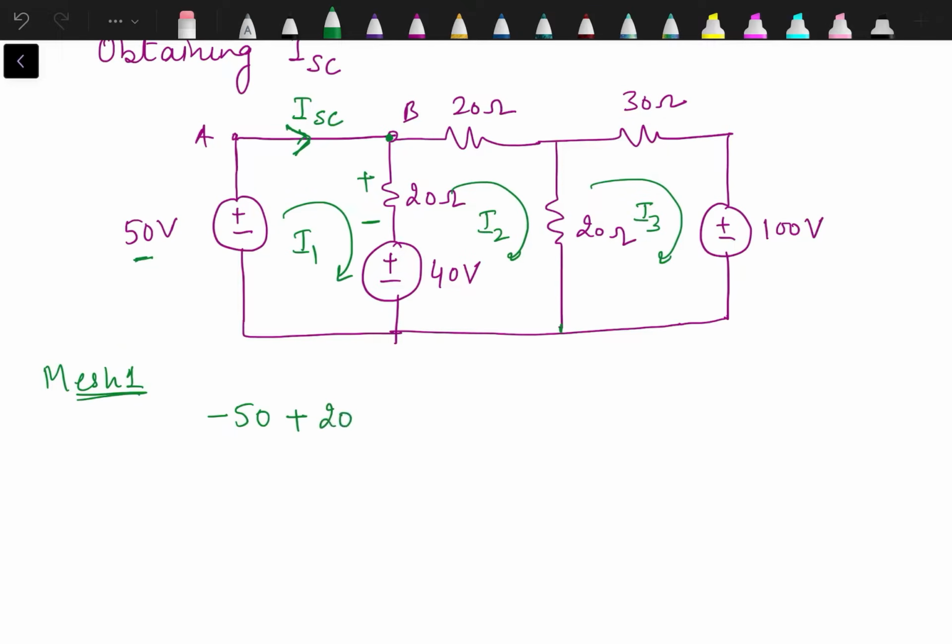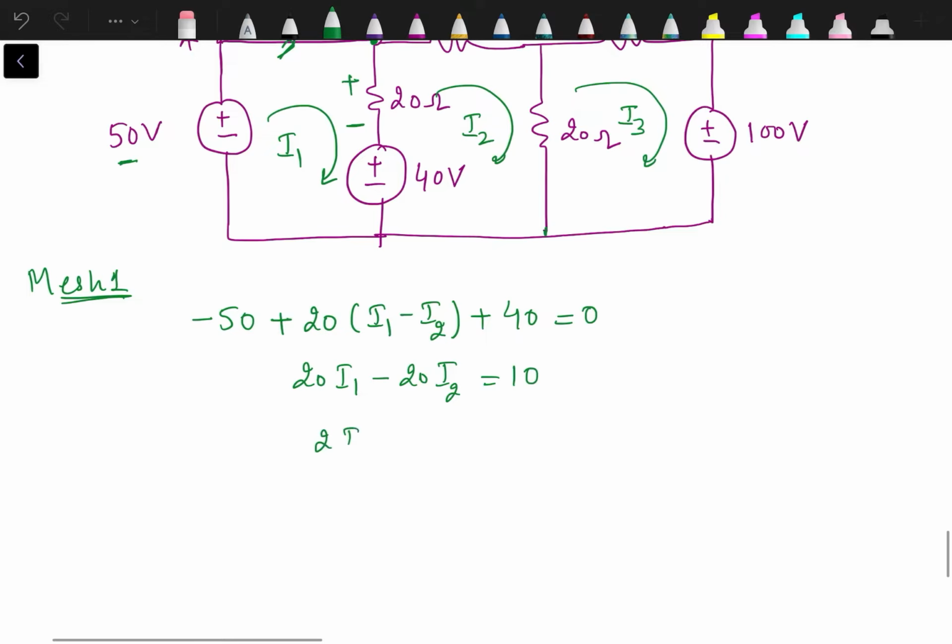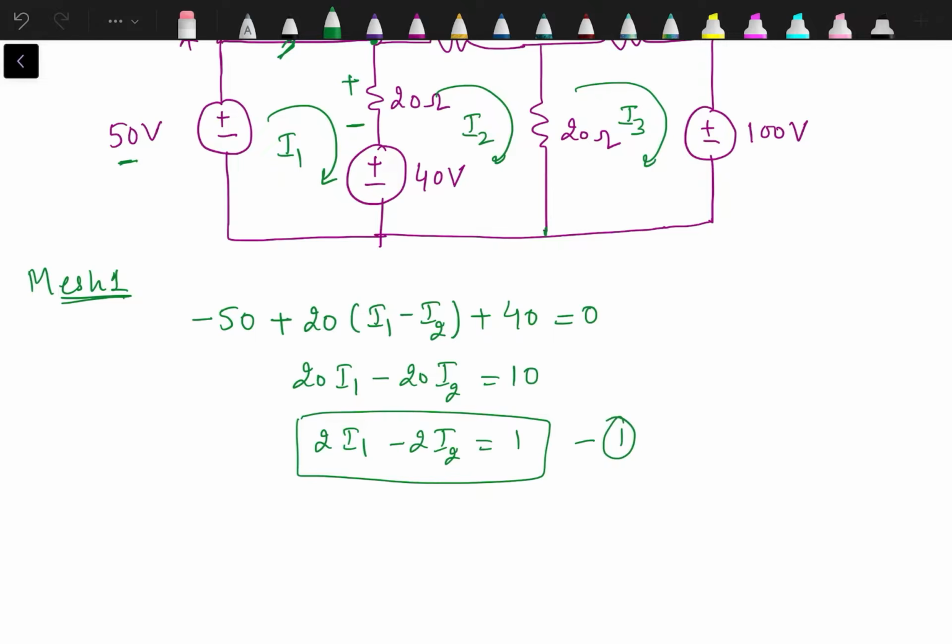So plus 20 into the resultant current in the direction of I1, which is I1 minus I2, plus 40 equal to 0. This will give us the equation 20I1 minus 20I2 equal to 10, or 2I1 minus 2I2 equal to 1. This is the first equation corresponding to the first mesh.